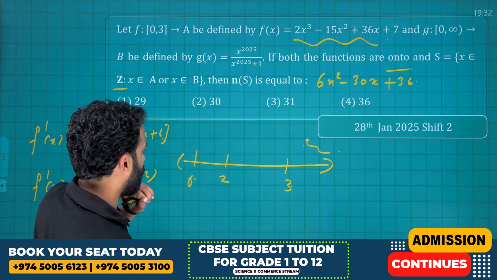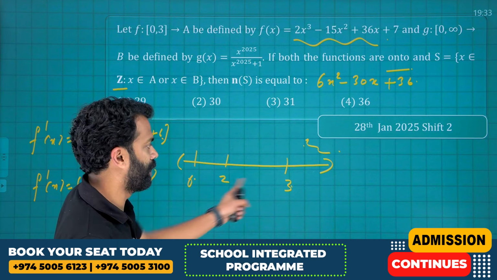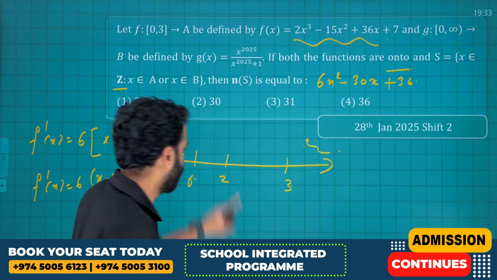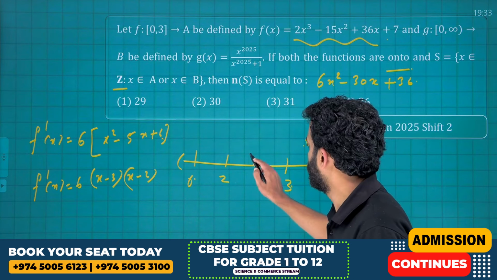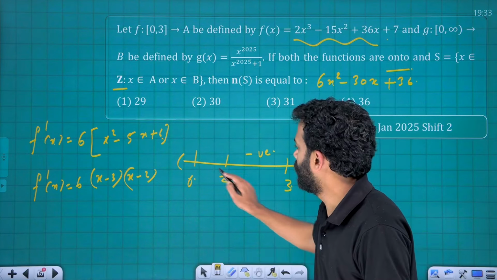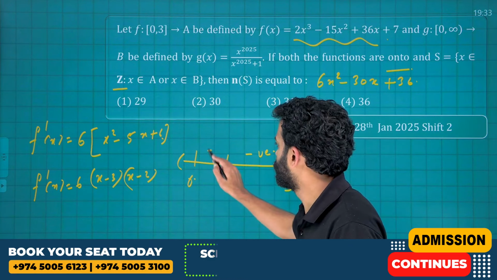Let's sort it out. Between 2 and 3, what is happening? Tell me a number between 2 and 3. 2.5. If you substitute 2.5 here, what will you get for f dash of x? It will be negative. Between 0 and 2, tell me a number. 0.5, or 1. If you substitute 1 here, we will get positive, right?